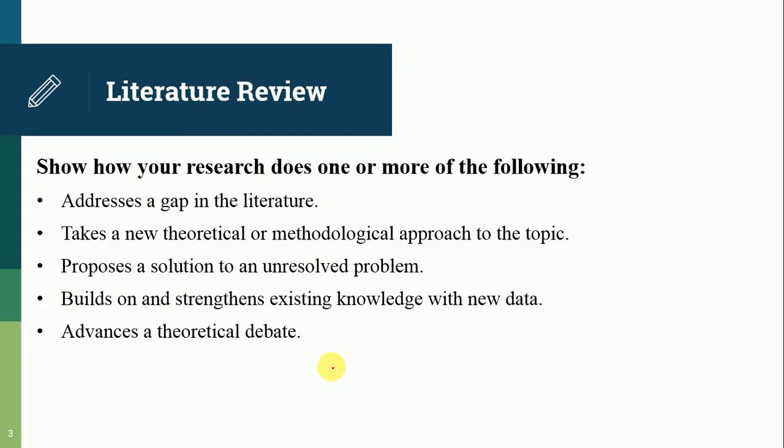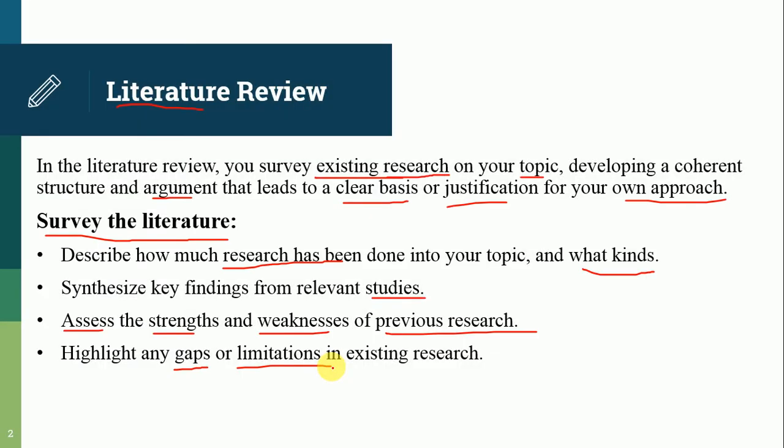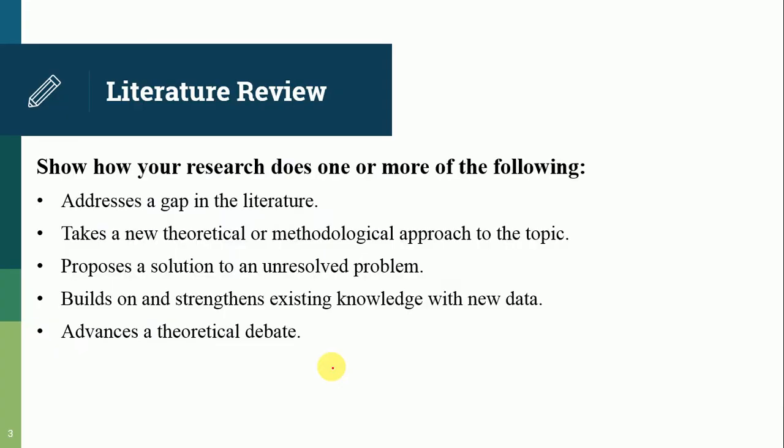Okay. Now, that was survey the literature. The next one is show how your research does one or more of the following. Show that these things are available in your research.